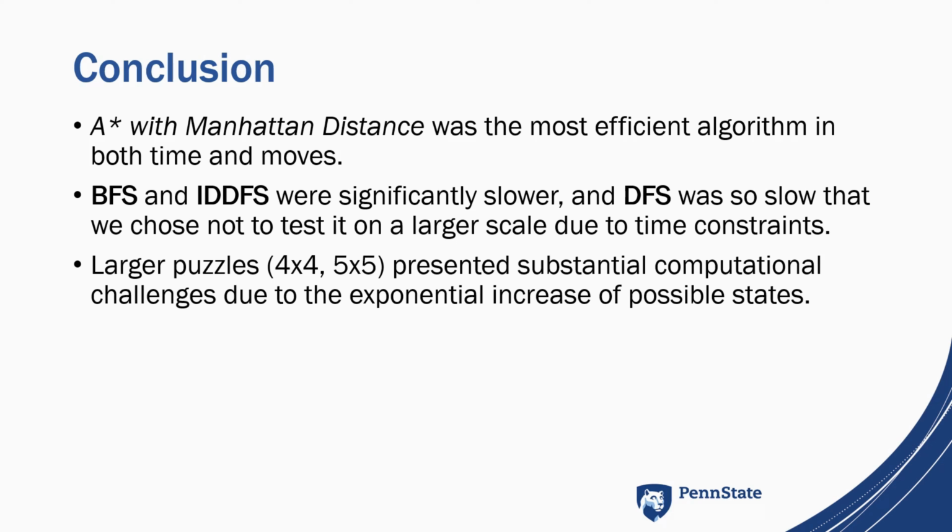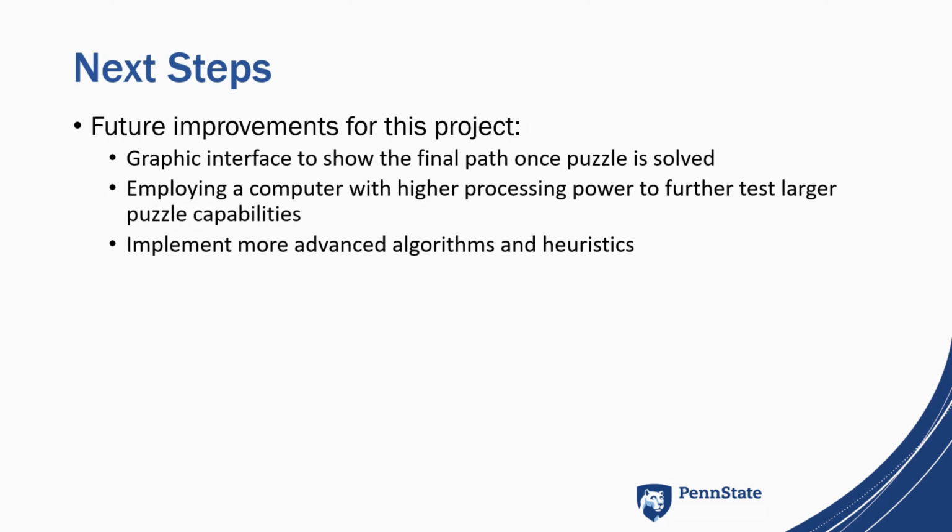BFS and IDDFS were considerably slower, and DFS was so inefficient that we excluded it from our large scale testing. Larger puzzles present significant computational challenges due to the exponential increase in the number of possible states.